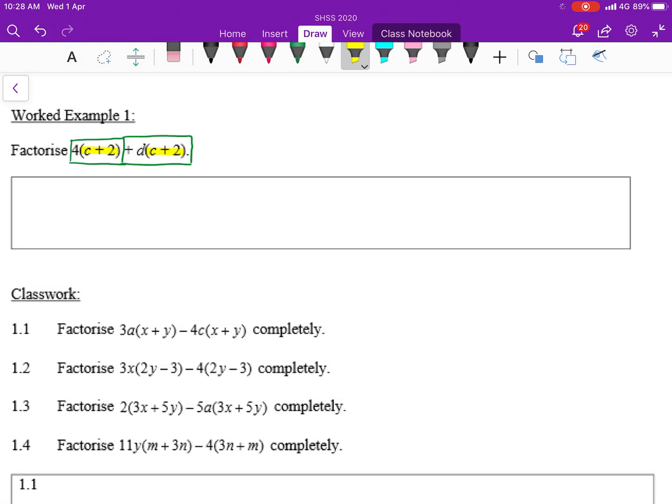So what you do is you take out the c plus 2 and put it in front, and you are left with 4 plus d. The 4 is here and the positive d is here.